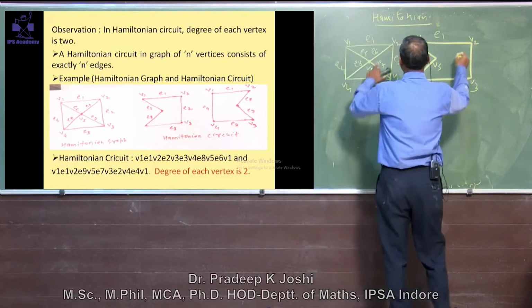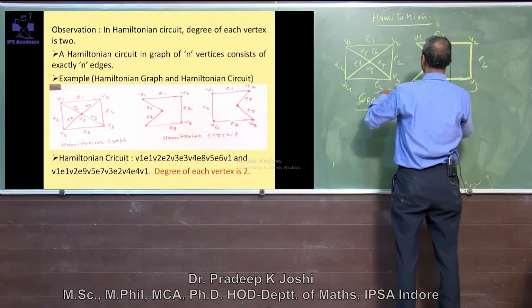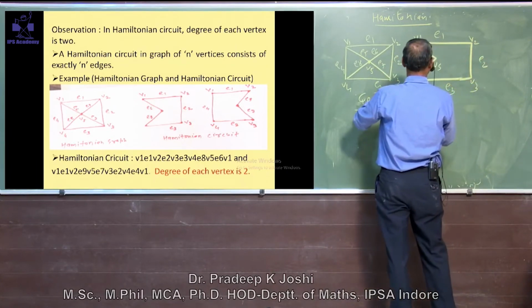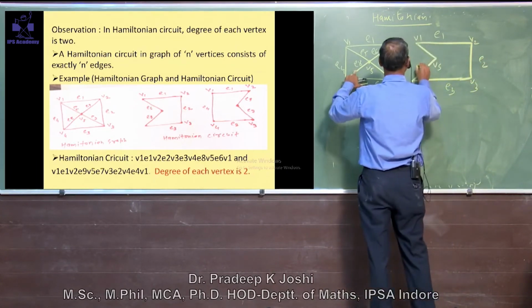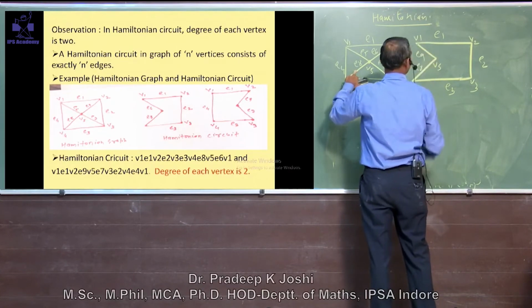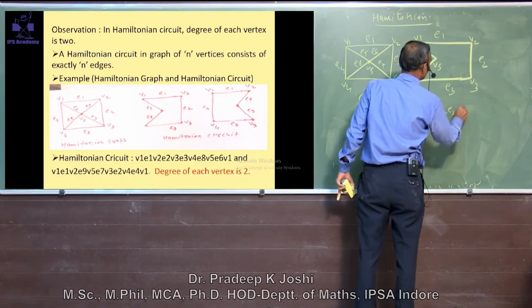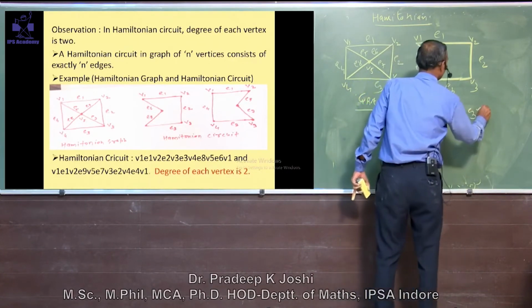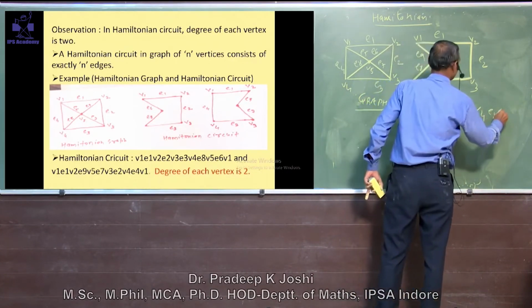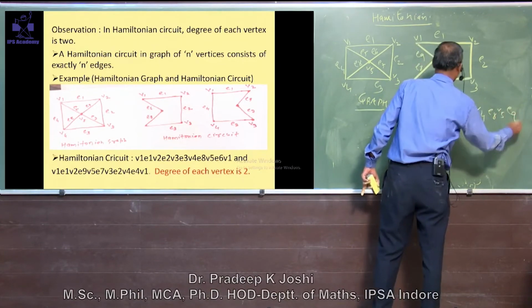So the Hamiltonian circuit is V1, E1, V2, E2, V3, E3, V4, E8, V5 and E9.